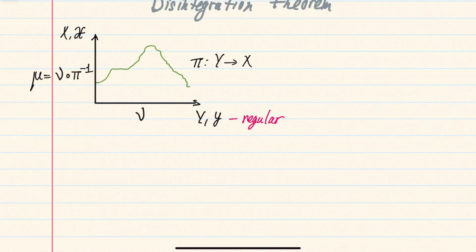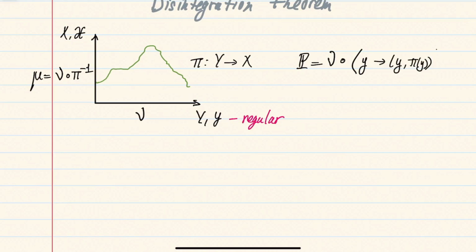And also let's consider the probability measure p on the product space corresponding to this graph. In other words, it's this measure nu on the first coordinate pushed to the product space by this map where y goes to the point on the graph, so to the point (y, pi(y)). And then let's also consider a measurable function f on this product space x times y.